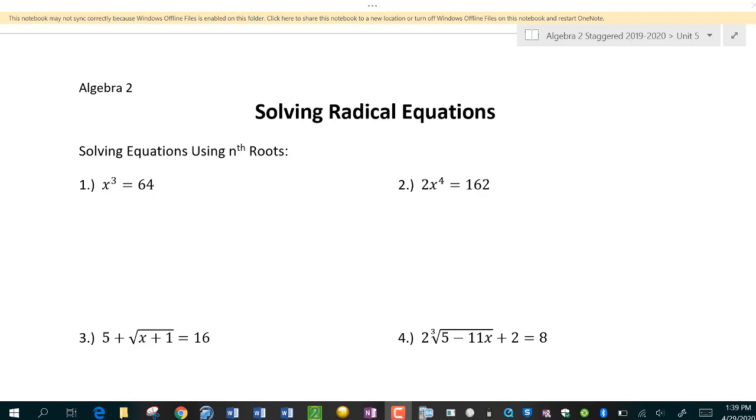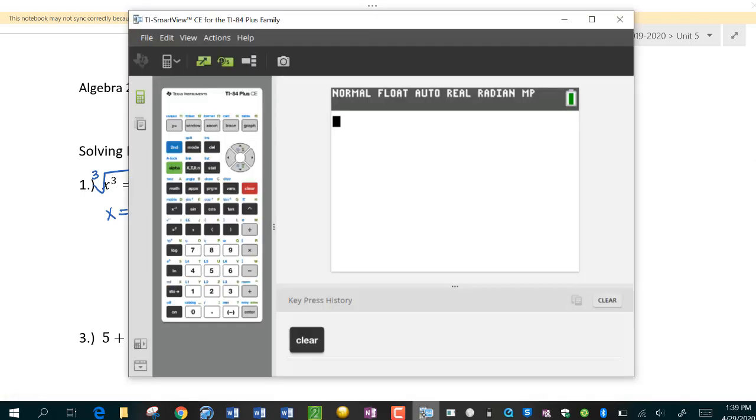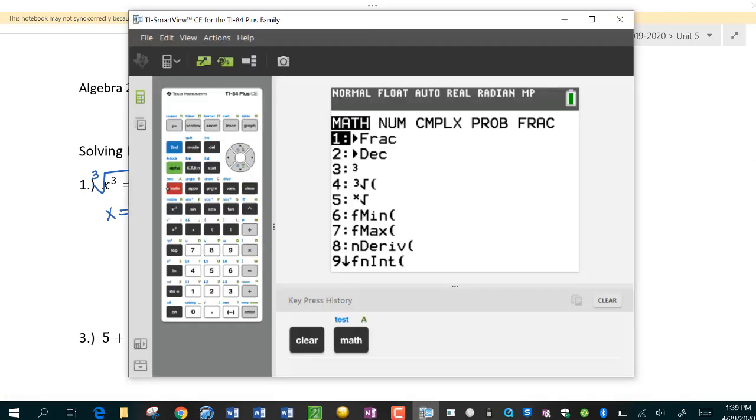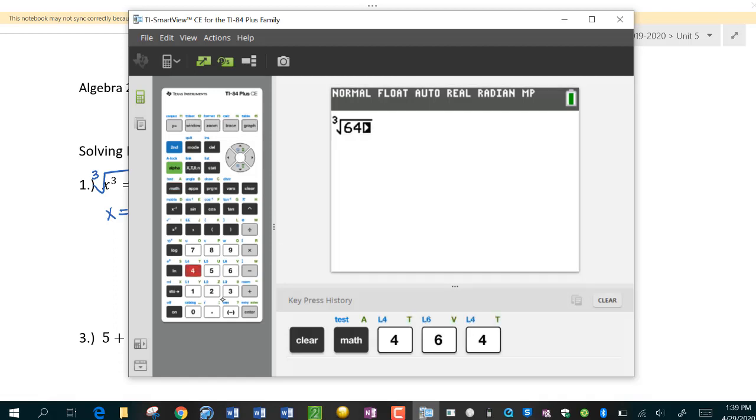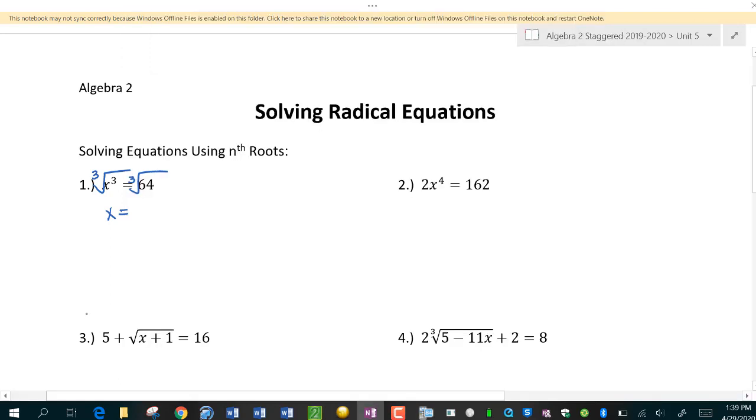So I would take the cubed root of both sides. The cubed root and the cube end up canceling each other out, so I'm left with x equals the cubed root of 64. And again, to use my calculator to do this, I would go to math. I have a cube root symbol, number 4, of 64, and I get 4. So x equals 4.